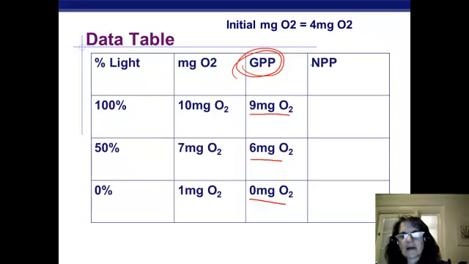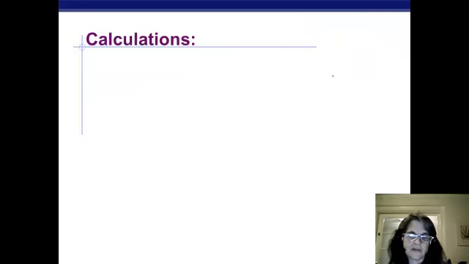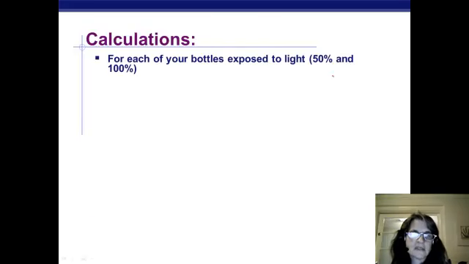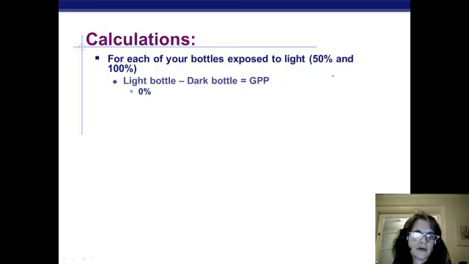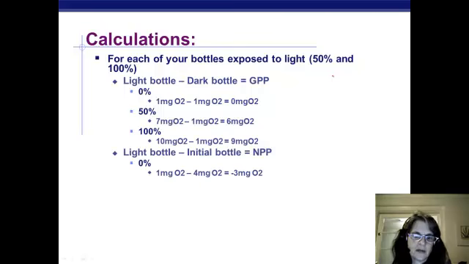Now, would we expect our net primary productivity to be greater or less than gross? I would think less because, again, we aren't allowing ourselves to count whatever plants used by themselves to do photosynthesis. So, for each of your bottles exposed to light, we're going to do light bottle minus dark bottle is the gross primary productivity. We've already done that.